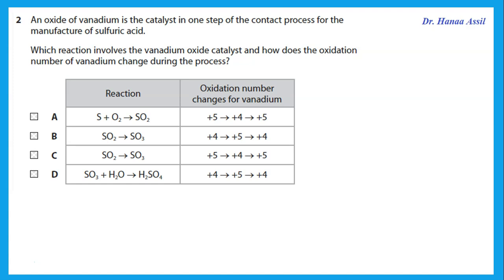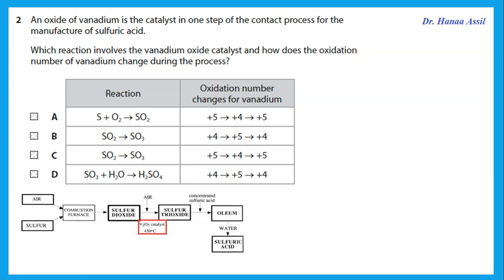An oxide of vanadium is the catalyst in one step of the contact process for manufacture of sulfuric acid. Which reaction involves the vanadium oxide catalyst, and how does the oxidation number of vanadium change during the process? Okay, so we are talking about manufacture of sulfuric acid.